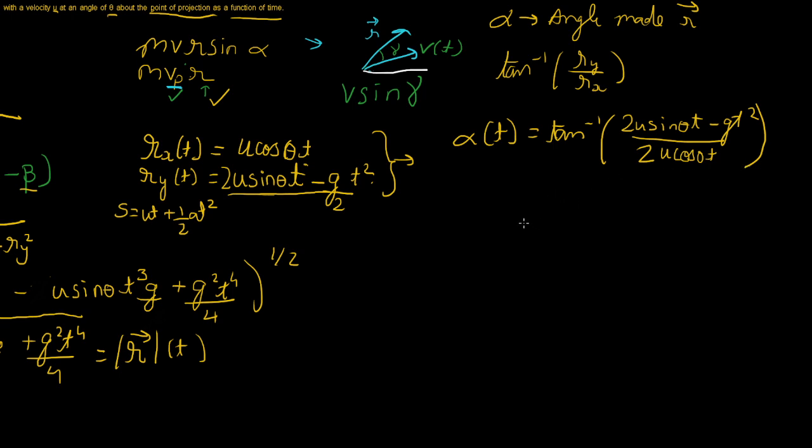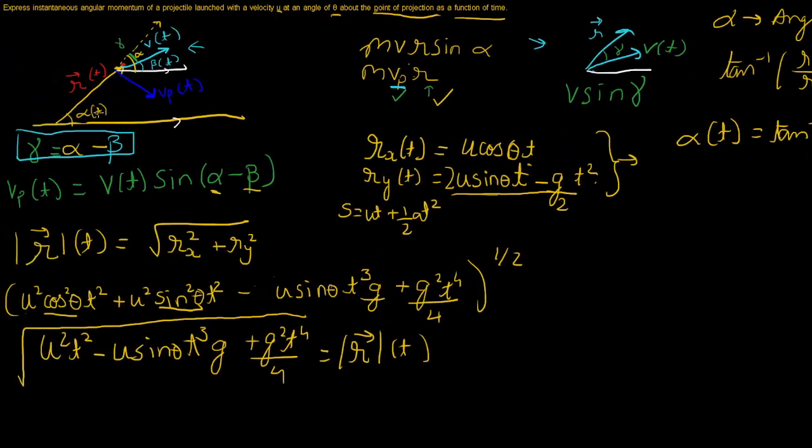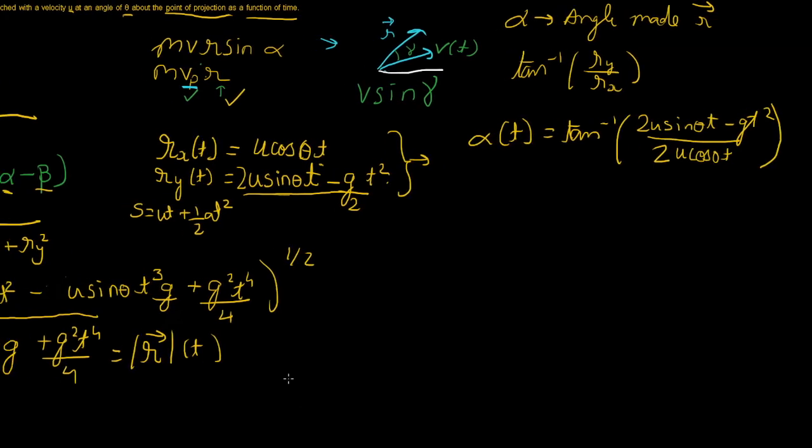Now let us see how beta varies with time. What exactly is beta? It is the angle made by the velocity vector with the horizontal. If we resolve the velocity vector into components, beta as a function of time is tan inverse of Vy by Vx. Now let us find Vy.